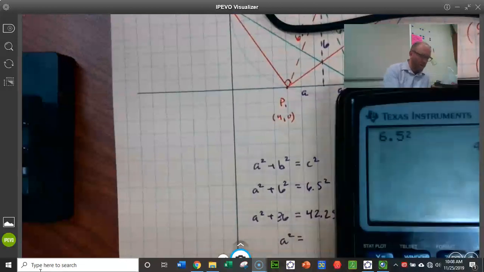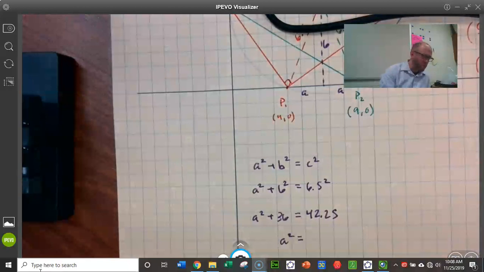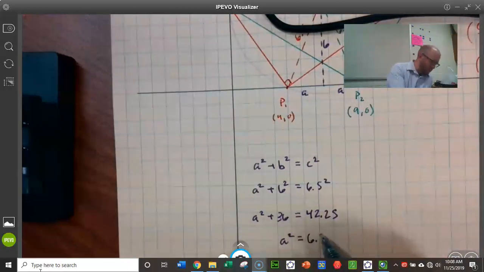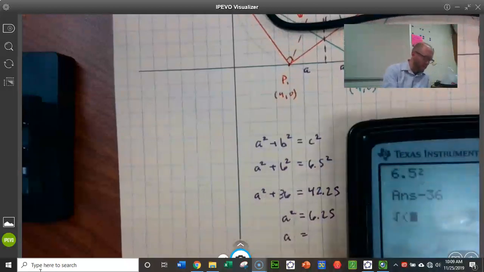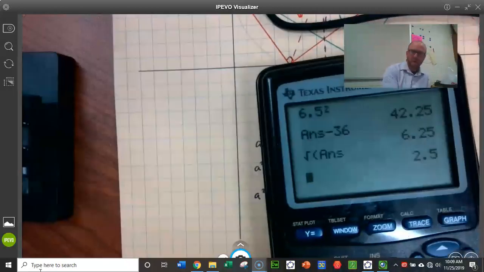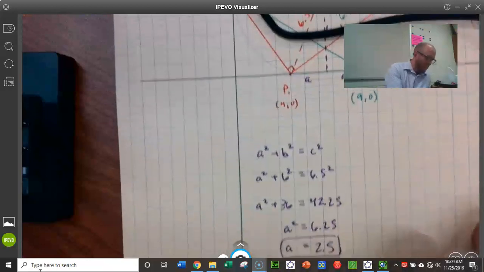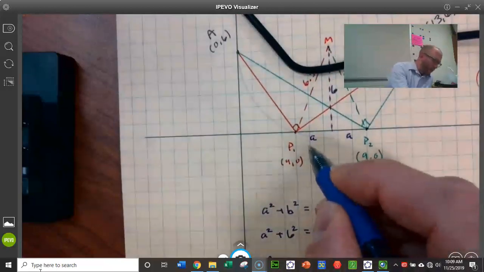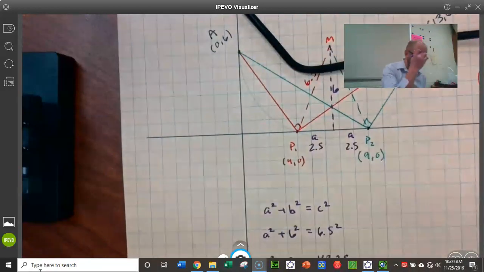A squared equals 6.25. And then we'll take the square root of that, and we get 2.5. So A is 2.5, going in either direction.